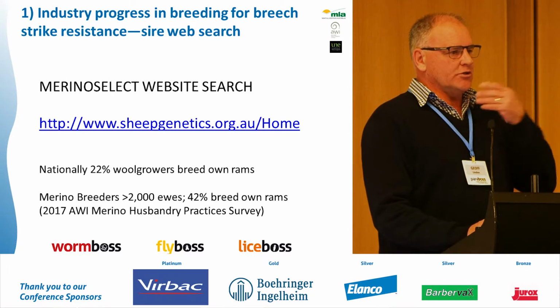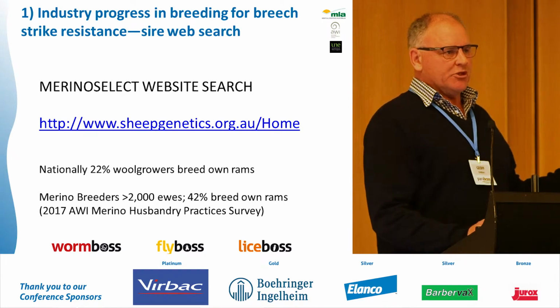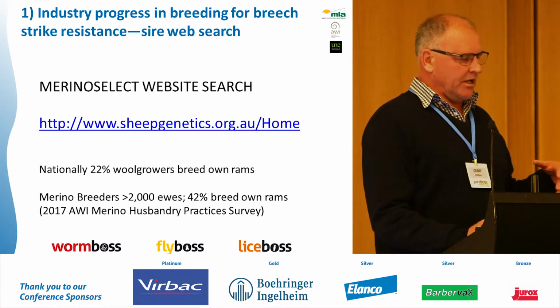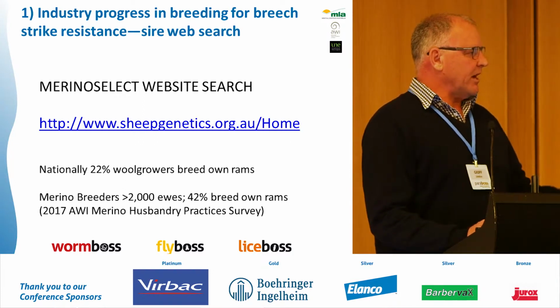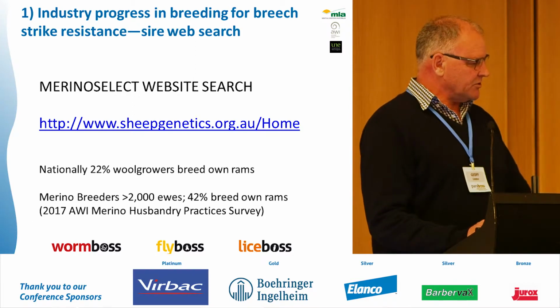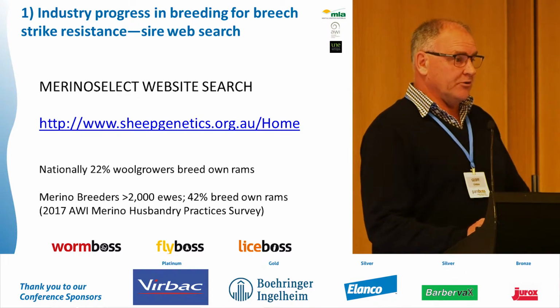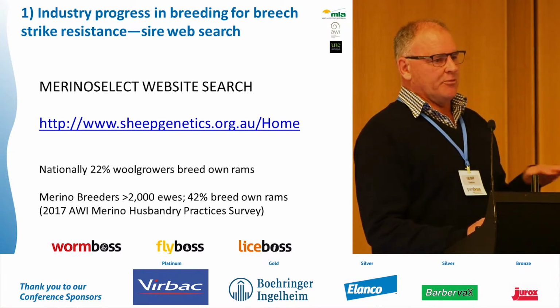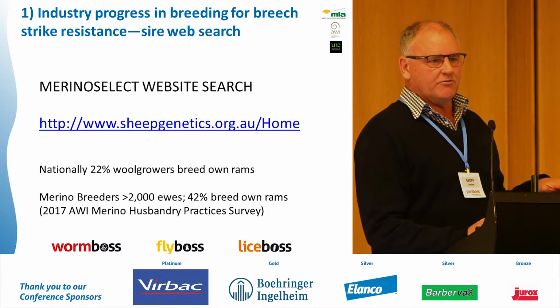Now moving on to the web search. These web searches have been available for around 20 years, principally in cattle, in the States and in Australia. But for the last 15 years, this has been available for sheep through Merino Select and LambPlan. Part of the reason I'm pointing this out is we did a recent survey of wool growers.